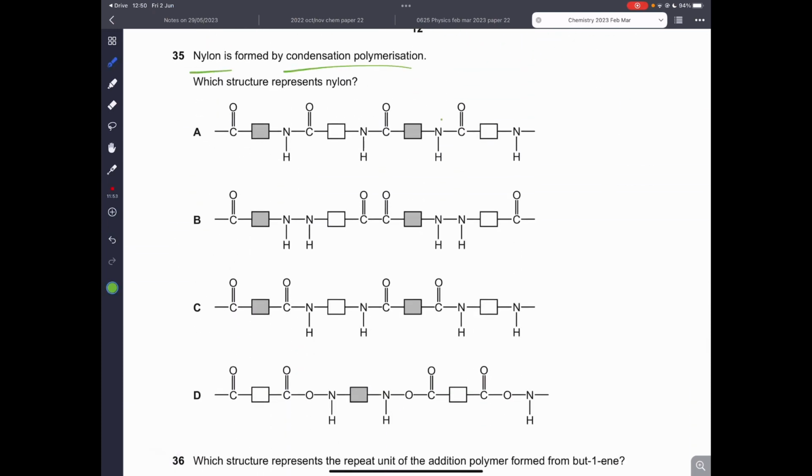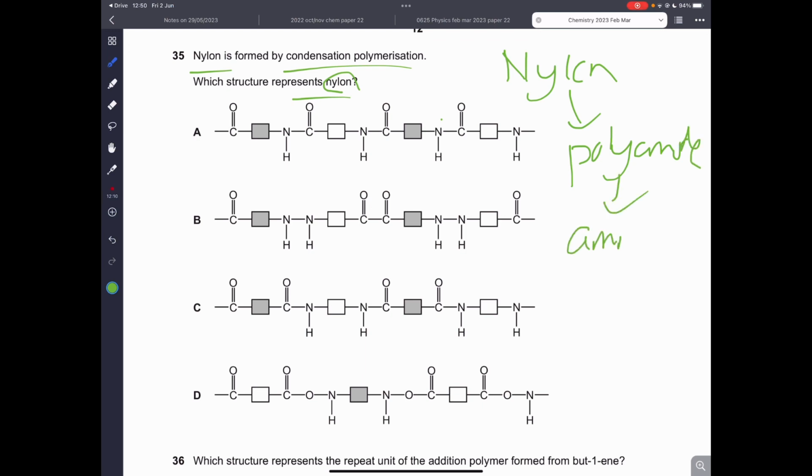35. Nylon is formed by condensation polymerization. Which structure represents nylon? Remember, nylon is a polyamide, and that means it's going to have an amide linkage. If you don't know what the amide linkage looks like, it is like this.